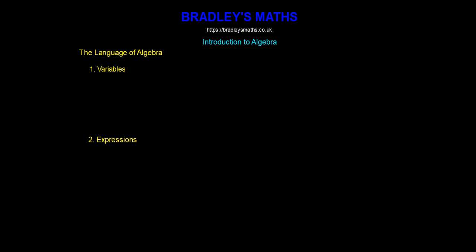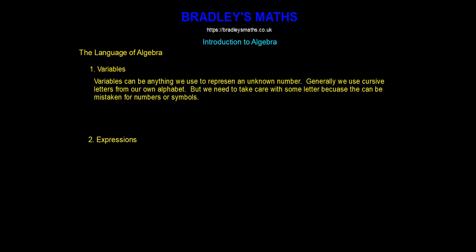When writing letters as variables, we usually do so in cursive script. But you have to be very, very careful when you write your letters. Some letters can be mistaken for numbers or other symbols.